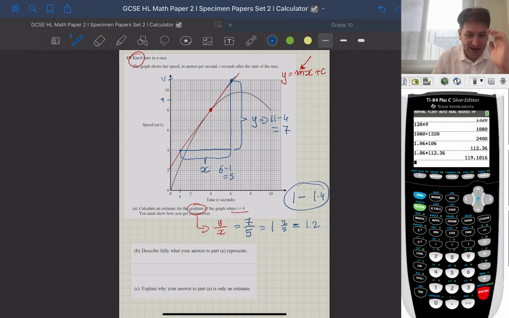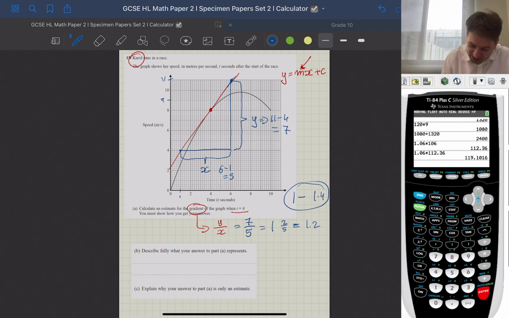Okay, what does it say there? Describe fully what answer to part A represents. Well, this is speed in meters per second, so this is her acceleration. This essentially shows acceleration.